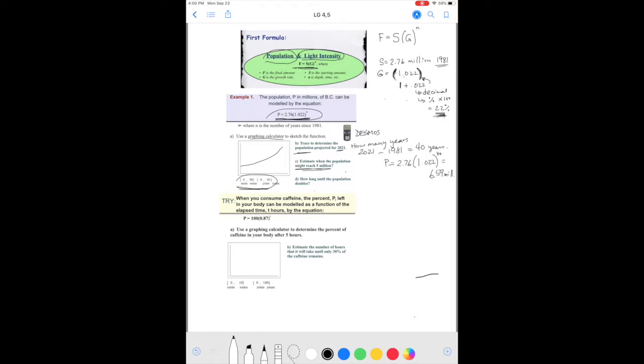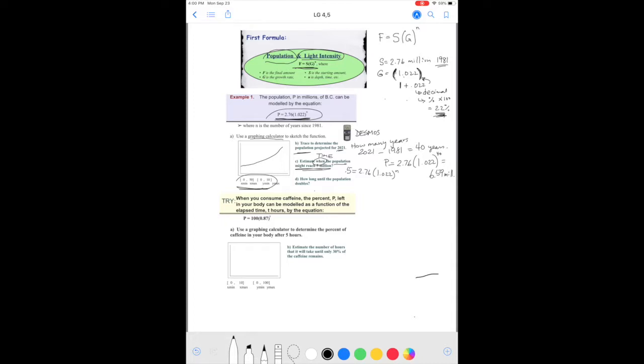Now we want to estimate when, so the time now, we're looking for the time the population gets to 5 million. So here we set up 5 million, because that's what the final is. And we have the 2.76 million, 1.022 to the n.